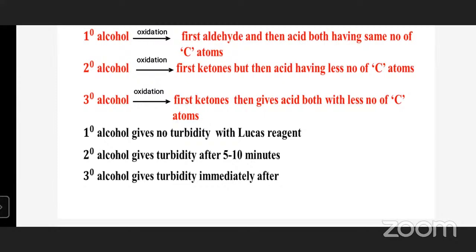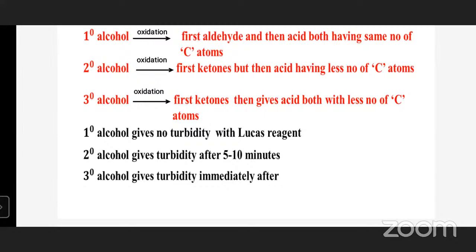Tertiary alcohol oxidation gives first ketones and then carboxylic acid, both containing fewer carbon atoms. Primary alcohol does not give turbidity with Lucas reagent. Secondary alcohol gives white turbidity after 5 to 10 minutes. Tertiary alcohol immediately gives white turbidity.